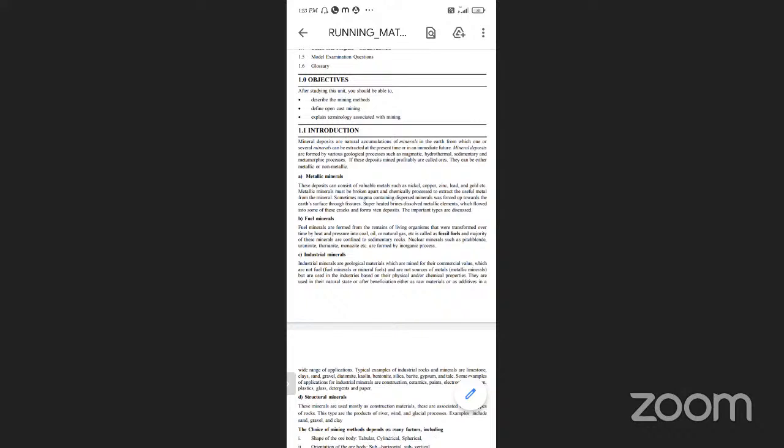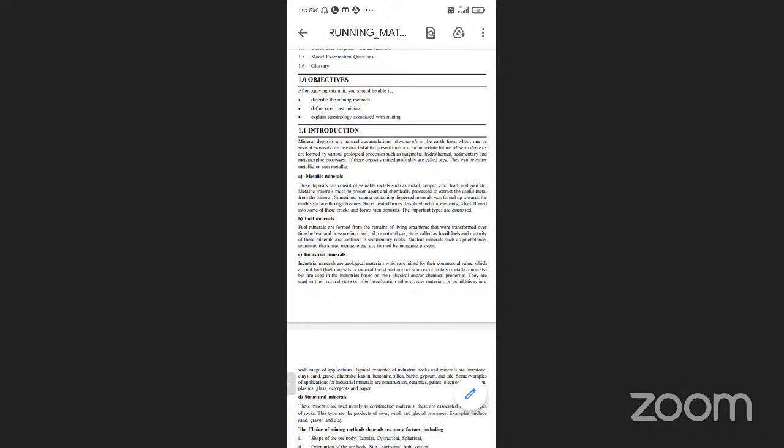When we are able to extract, at profitable benefit, a mineral from which one or more metals can be extracted, then we can say such minerals are economic minerals or ore minerals. They can be either metallic or non-metallic, so from these minerals we can extract metallic ones or non-metallic ones. Such minerals we can call ore minerals.